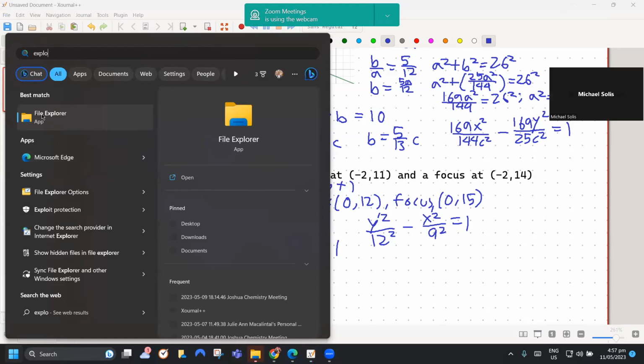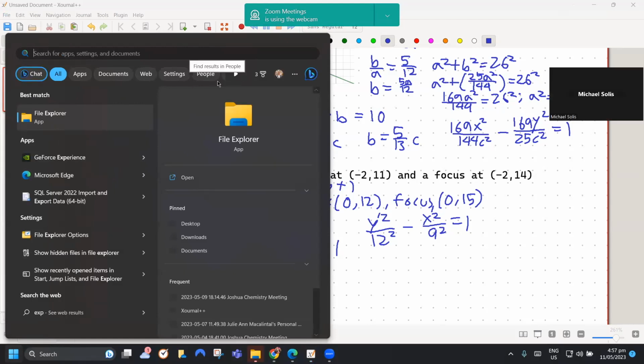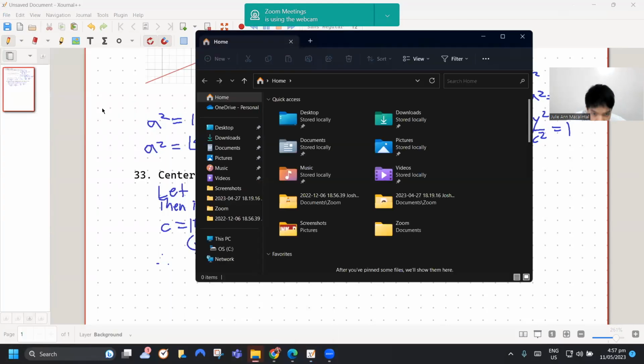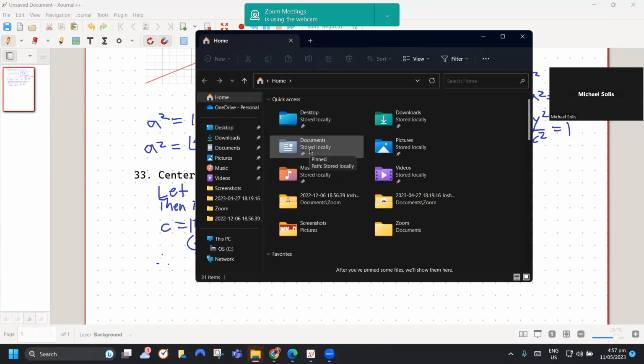Windows Explorer muna. File Explorer, yan. So, open. Ngayon, punta ka dun sa this PC. Tapos, i-click mo yung C. Sa left bar.